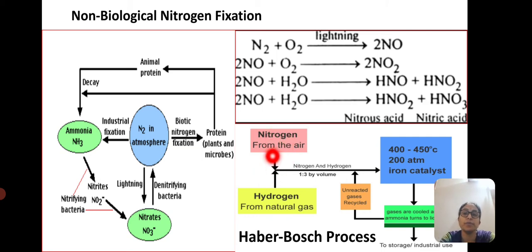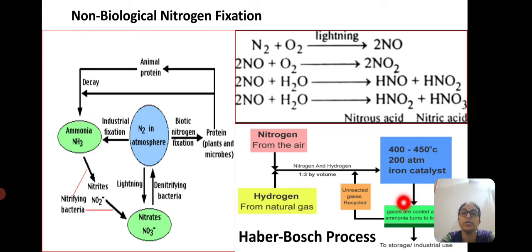Here nitrogen from the air is collected, and hydrogen from natural gas or fossil fuels is fed together in very huge furnaces in the volume ratio 1:3, nitrogen to hydrogen, at a very high temperature of 400 to 500 degrees centigrade, and a pressure of 200 to 300 atmospheres, in the presence of iron as catalyst.